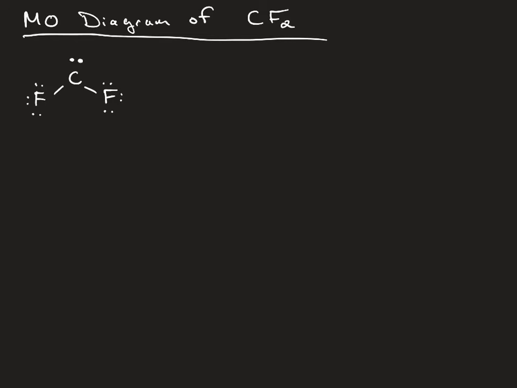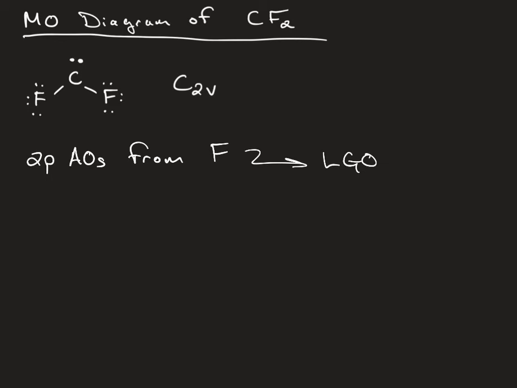This is a molecule that is in C2v symmetry. This is a little bit more complicated than the MO diagram that we generated for water because we have to consider the 2p atomic orbitals from fluorine. So we're going to generate ligand group orbitals for these 2p combinations.